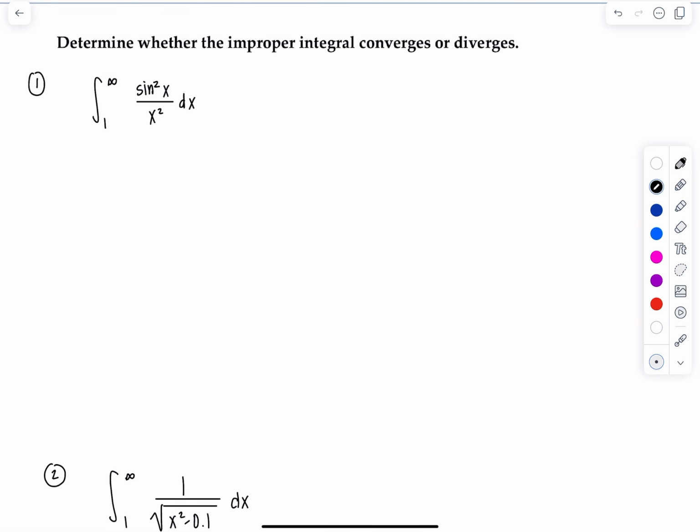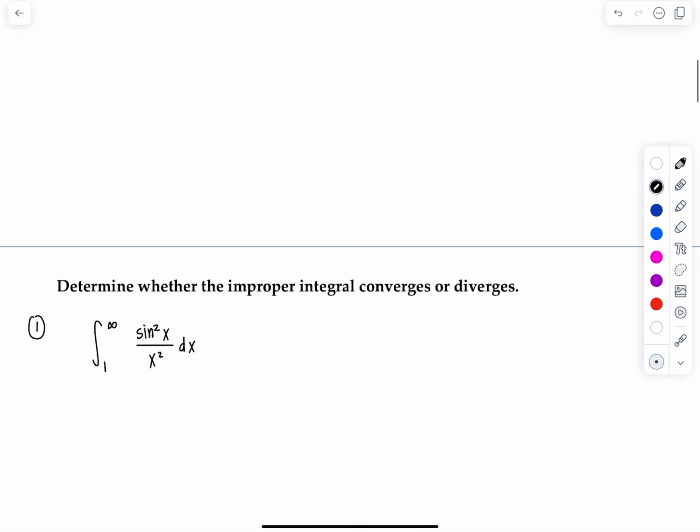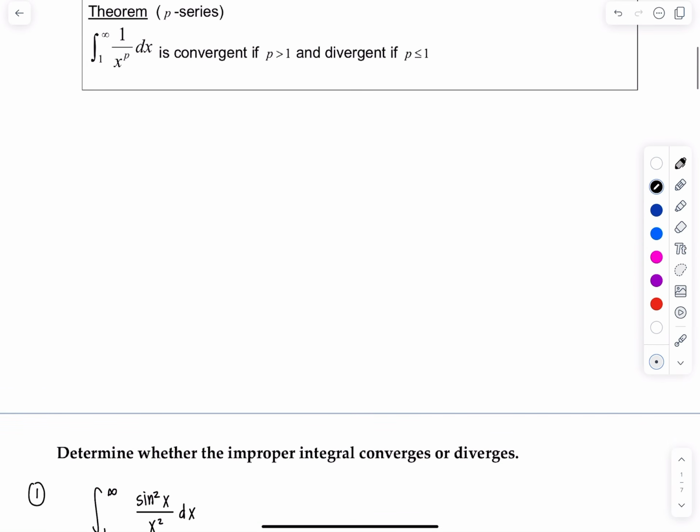Okay. So let's start thinking to ourselves, do we suspect that this integral will converge or diverge? What's your guess? Look back at p-series. They will help you. 1 over x to the p dx, that improper integral from 1 to infinity converges if p is greater than 1. Okay?